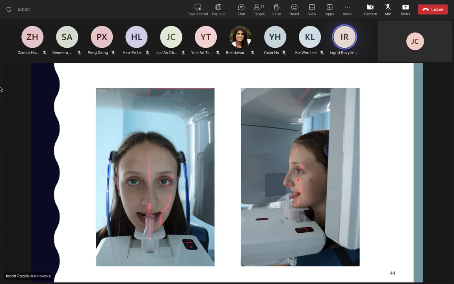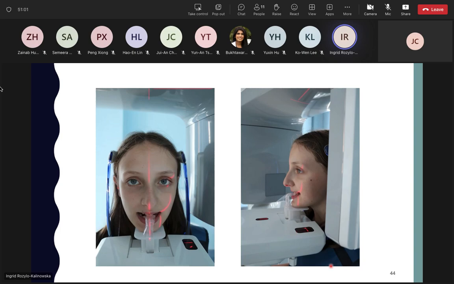And the third line is mentioned, and you assess the first two lines standing in front of a patient. So here you can see a little bit of a second line, sorry. But you assess the third line when you stand aside. So not in front of a patient, but you stand aside.